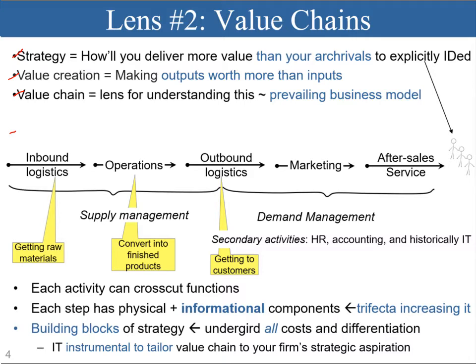Okay, so the primary activities are shown as a generic value chain, which are the company's bread and butter activities that create a product or service.